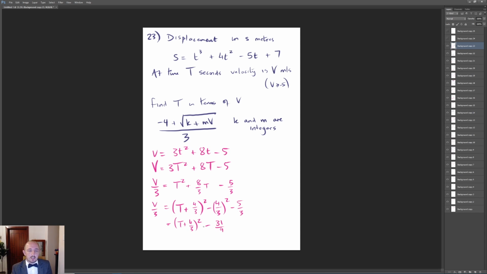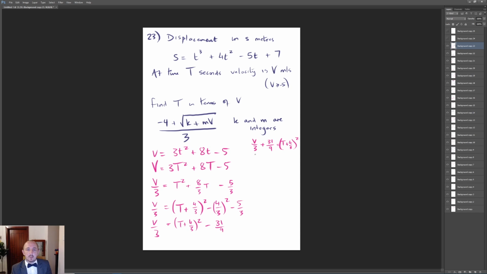Okay, so what we need to do now is to rearrange this, and we could take the 31 over 9 across. So we have v over 3 plus 31 over 9 is equal to t plus 4 thirds squared.